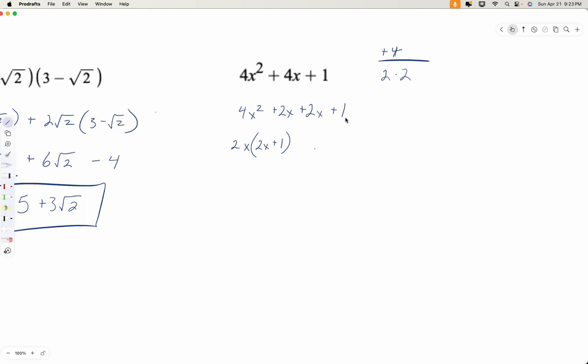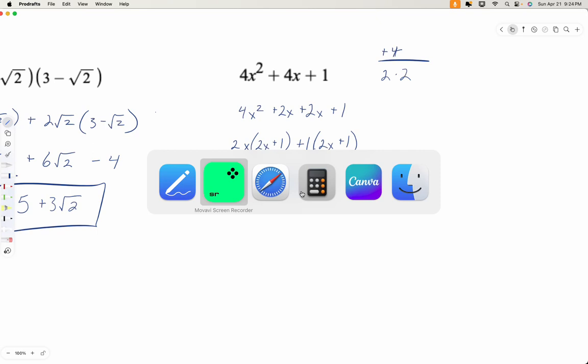And now we've got 2x plus 1. I can't really factor anything out except for the identity property, because 1 times 2x is 2x, and 1 times 1 is 1. So what I end up with is 2x plus 1 times 2x plus 1.